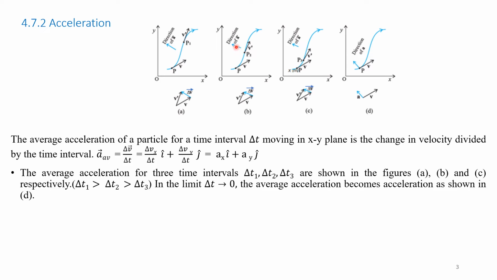Here you see the diagram, it is perpendicular to the velocity. Similarly, at P3, the velocity has changed from V to V dash and the direction of acceleration has also changed. So delta V is also shown in the figure. Hence, in the limit delta T tending to 0, the average acceleration is as shown in figure D.